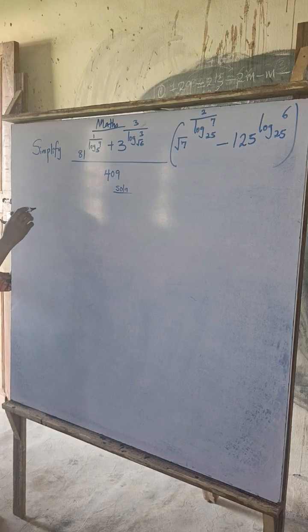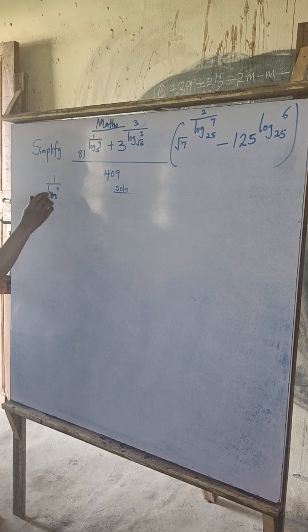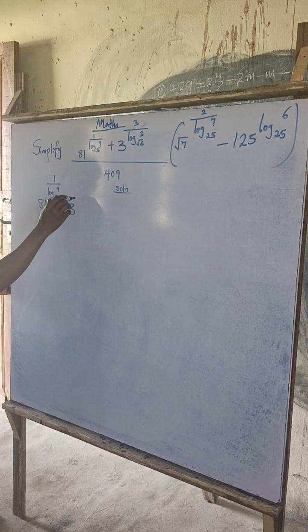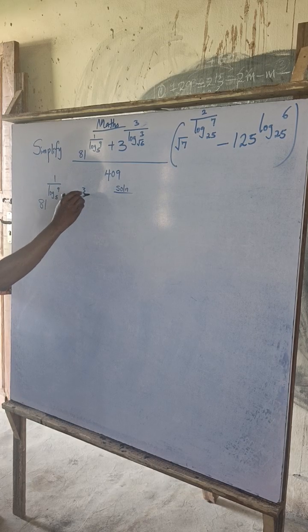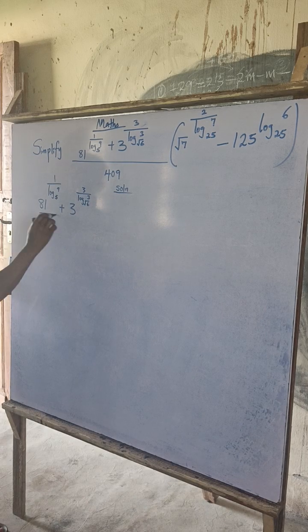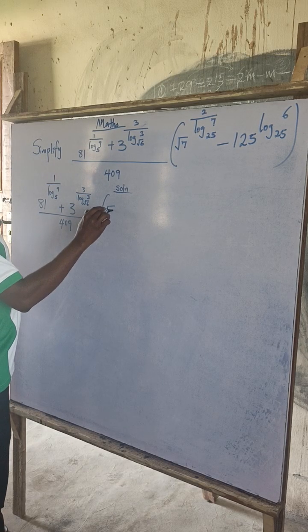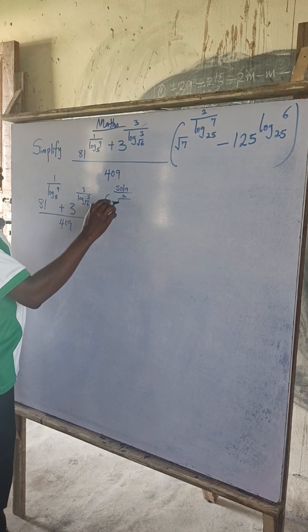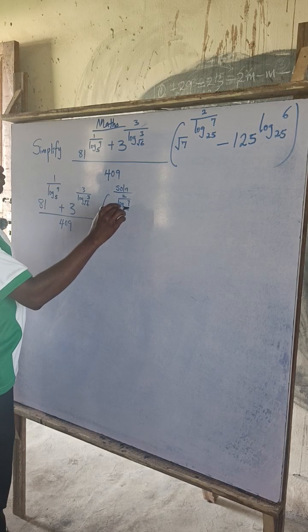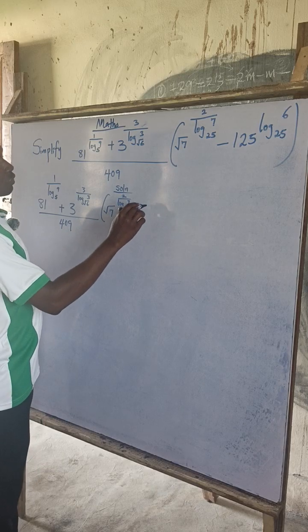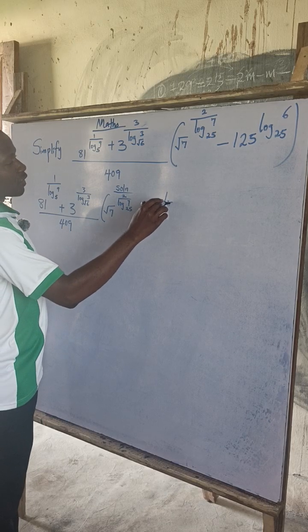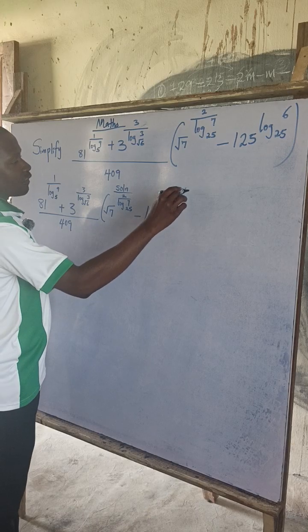So, we have 81 raised to power 1 over log 9 to base 5, plus 3 raised to power 3 over log 3 to base root 6, then divided by 409, open bracket, root 7 raised to power 2 over log 7 to base 25, minus 125 raised to power log 6 to base 25.